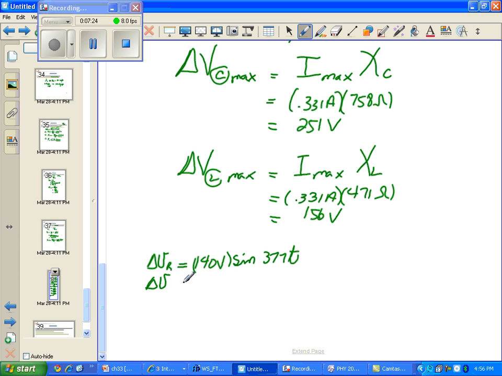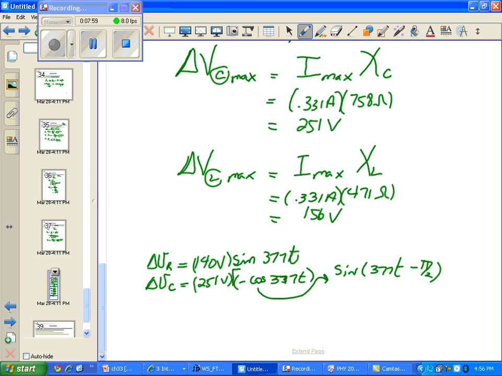Delta V sub c, we get the maximum 251 volts, and we can either write this as minus cosine of 377t, but recall that minus cosine of 377t is also equal to the sine of 377t minus pi over 2.